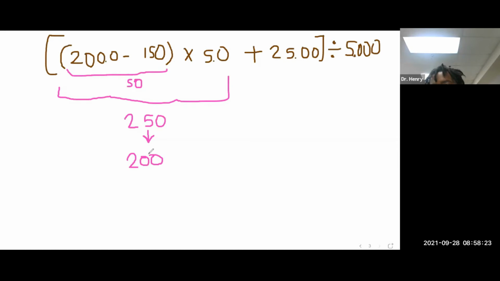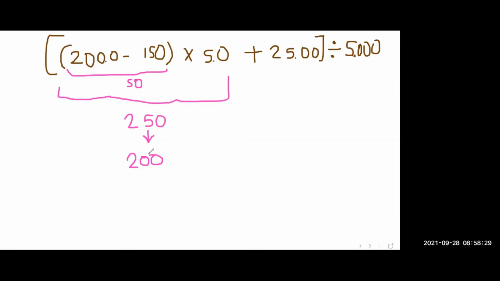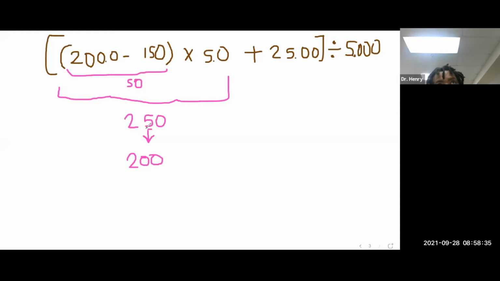Or am I going to round up? Don't you leave it like that, because the number next to the 5 is a 0? That's right, because it's an exact. Since this is exactly 5, I have to leave it at 200. So this guy is 200 now instead of 250.